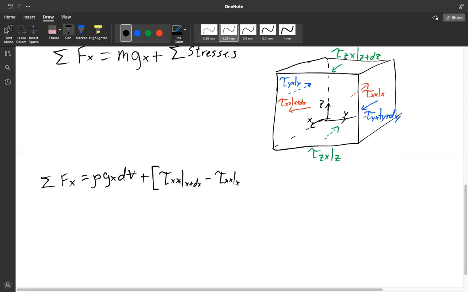This is going in the positive direction at x plus dx, and the force at x is going negative. That's why their signs are like that in our free body diagram.